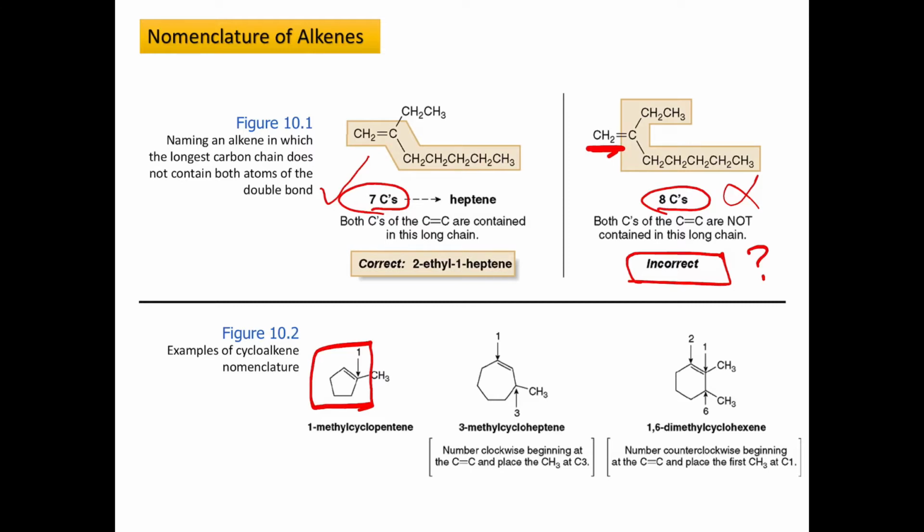No, it's incorrect. If the double bond is in the structure of the 6, I will choose 6. If the double bond is in the structure of the 5, I will choose 5. Even if outside the ring I have 4 carbons, but including the double bond, I will choose the 4 and I will count the cyclic compound as a branch.